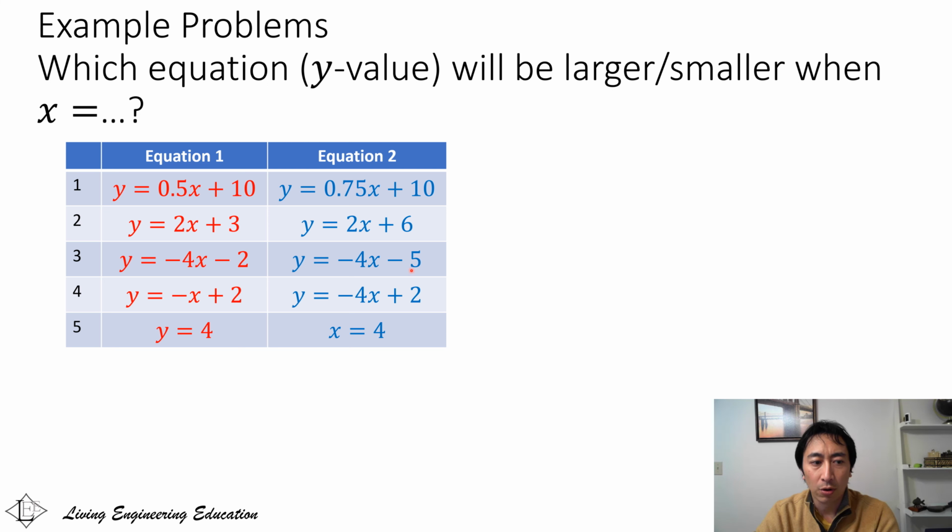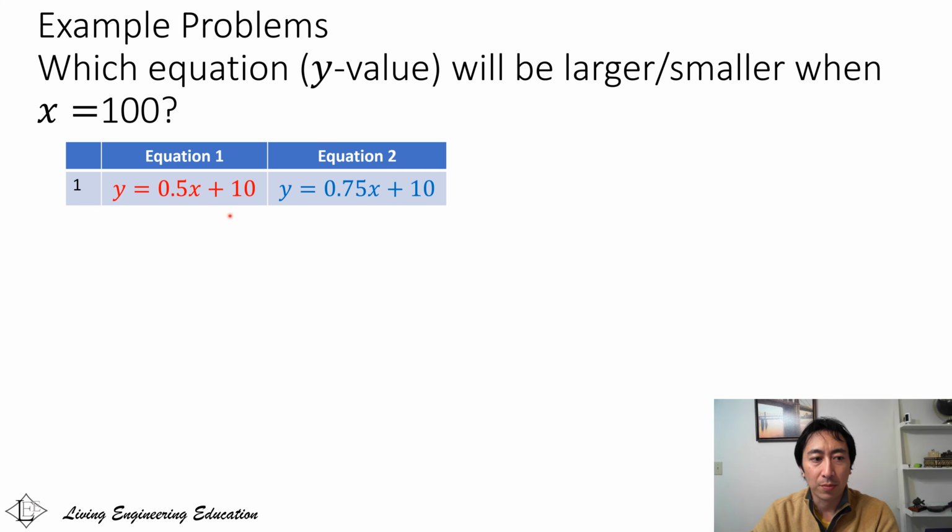I'll go through each of these 5, but pause this video now and take a look at this. Without actually plugging in values, can you make a general hypothesis? Then I'll show you the graphs of the 2 equations, and what concepts we can think about when we are recognizing that they have common slopes or common y-intercepts.